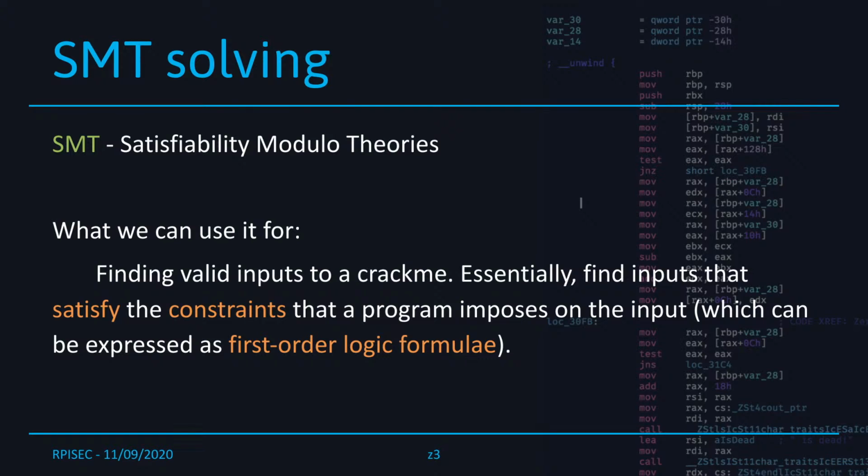You can do that using the reverse engineering techniques we talked about the other week. However, it's really annoying to go through by hand and reverse out every single one of those logical operations and figure out how to undo each of them so that you can take the output and get to a valid input.